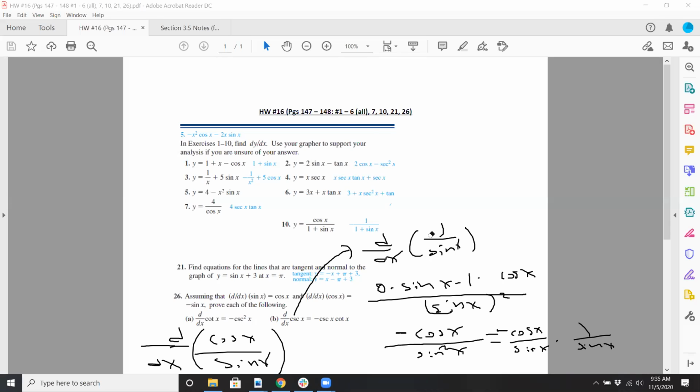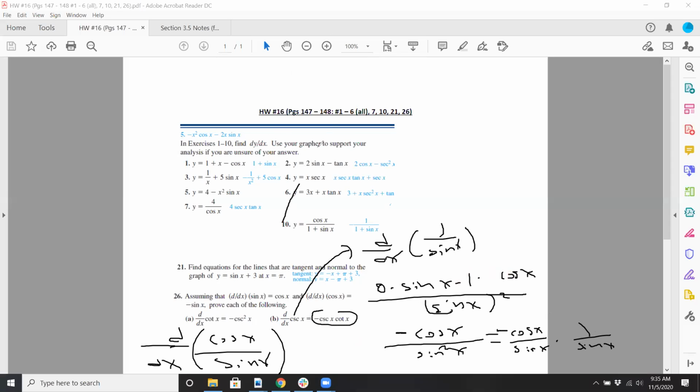So low, sine x, times the derivative of high, 0, minus high d low, 1 times the derivative of sine, which is cosine. So my bad, this cosine is positive, but then there's a negative there, so it becomes negative afterwards. Sorry about that. But again, I decompose the fraction, so I get negative cos x over sine x times 1 over sine x. Well, 1 over sine x is cosecant, cosine over sine is cotangent. That's how you can prove that.